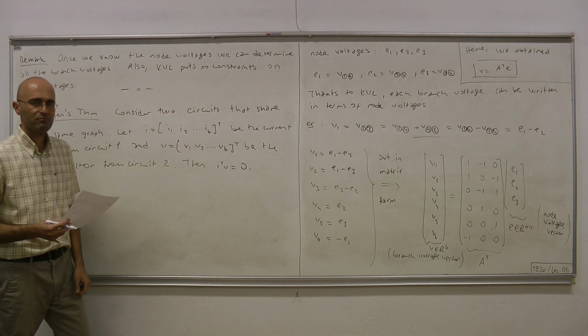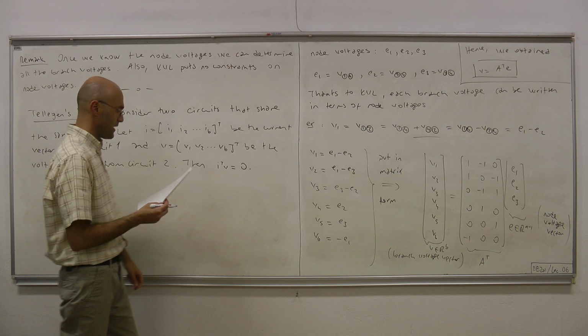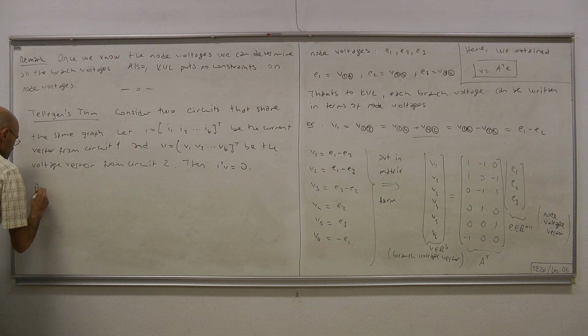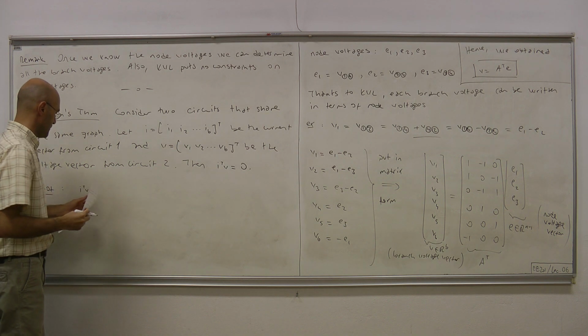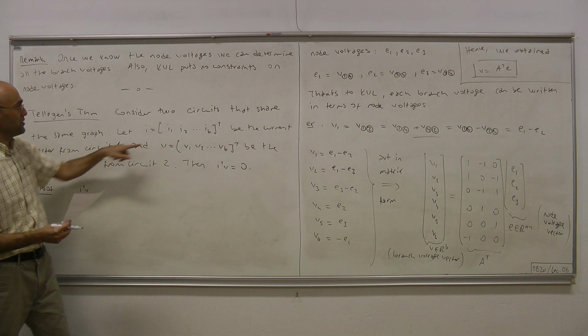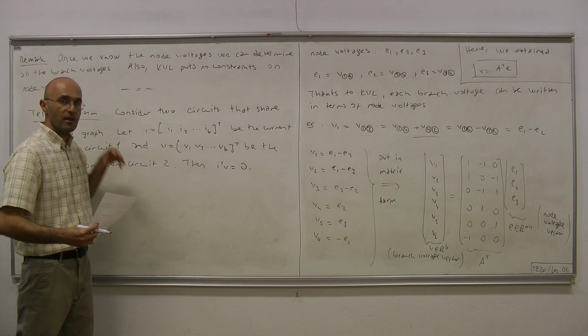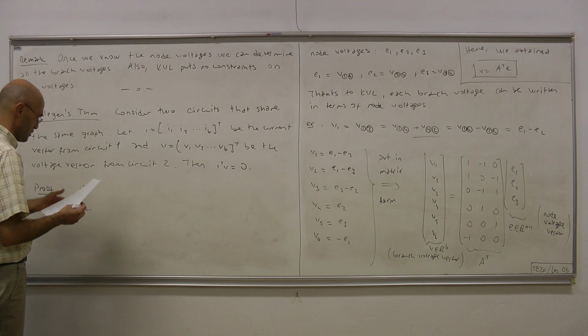Okay. And now this peculiar fact has a very straightforward proof, and it goes as follows. Now, I transpose V. I transpose is a row vector, and V is a column vector, and their product is a scalar, and that scalar must be 0. Let's show that.